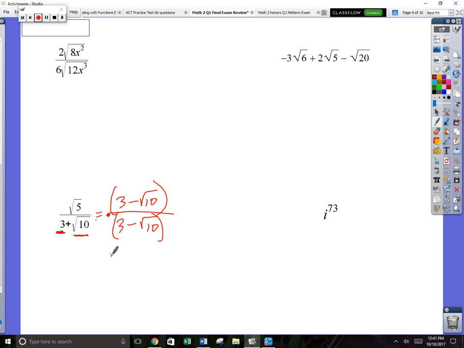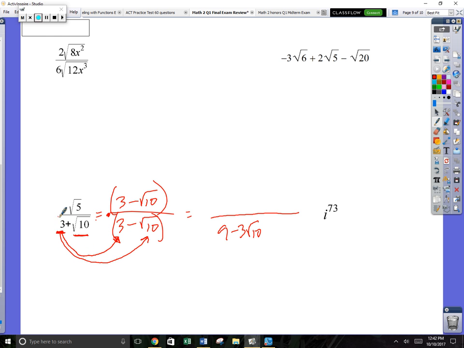Now, here's what's going to happen. If you start distributing, these are called conjugates. If I got one that is a plus and one that's a minus, it's going to create a nice 0. So 3 times 3 on the bottom, that creates a 9. Then if you do 3 times a minus square root 10, that's minus 3 square root 10.